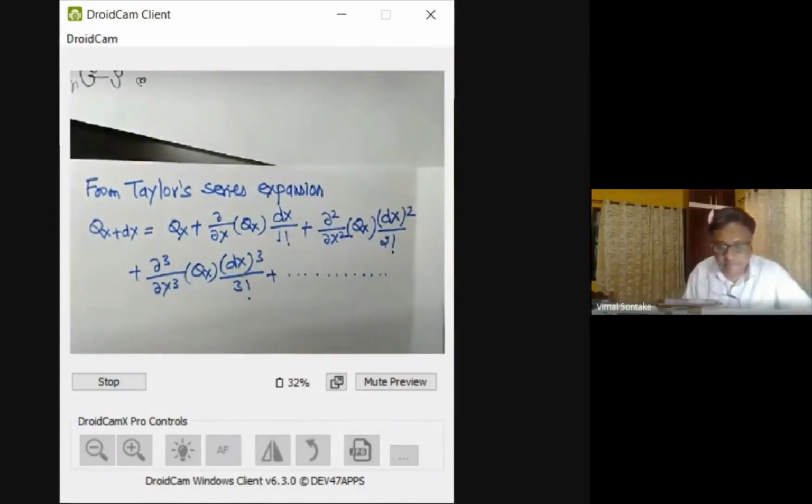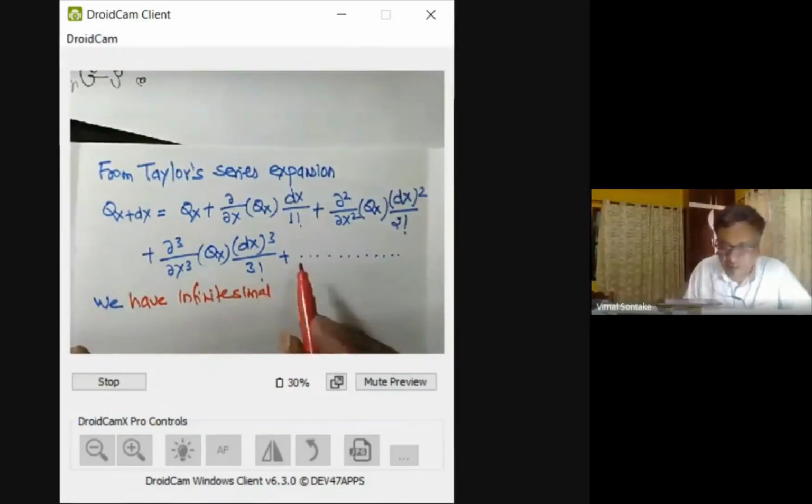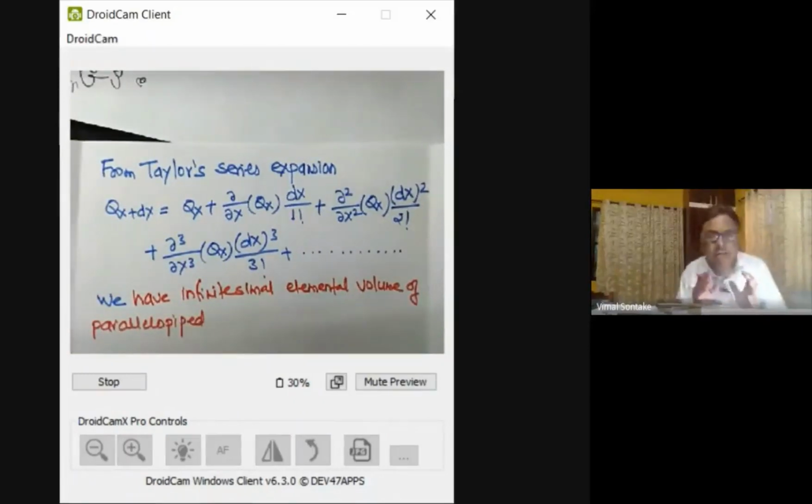Now, what is happening? We have considered an infinitesimal elemental volume of a parallelepiped. In simple language, whatever element we have considered as a control volume is very small.